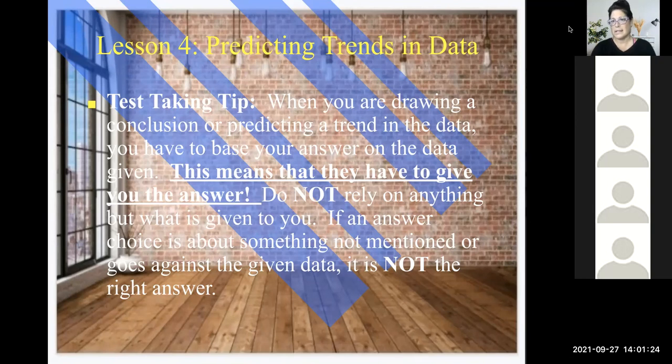So with test taking, when you're drawing a conclusion or predicting a trend in the data, you have to base your answer on the data given, which is really awesome, right? Because it's right there for you. Which means that the answer is going to be there somewhere, unless it's like short answer or whatever.